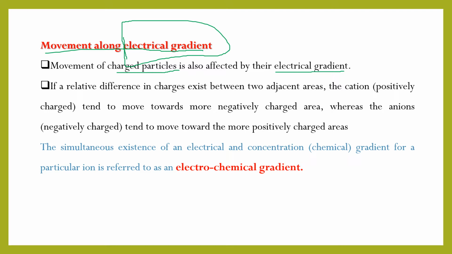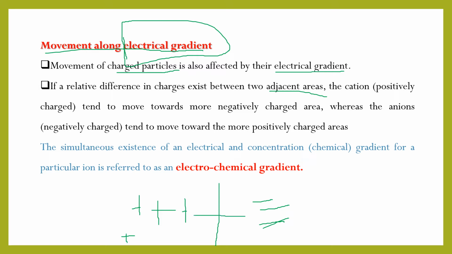If a relative difference in charge exists between two adjacent areas, then the cations, which are positively charged particles, whereas anions are negatively charged particles. Therefore, cations tend to move towards a negatively charged area.